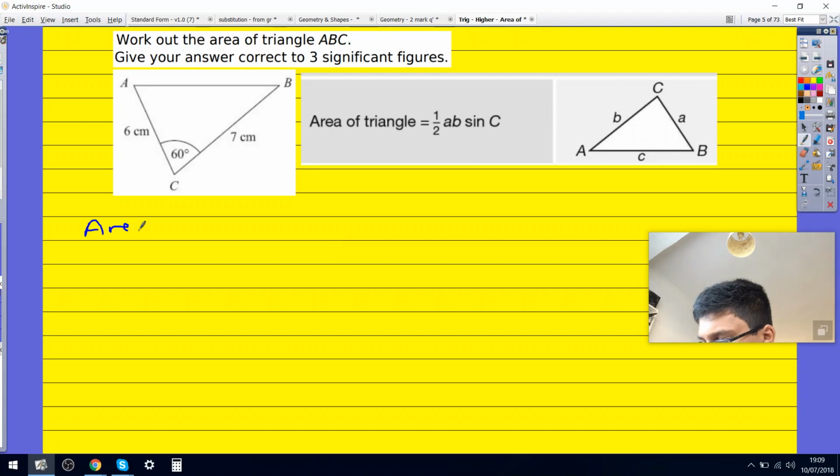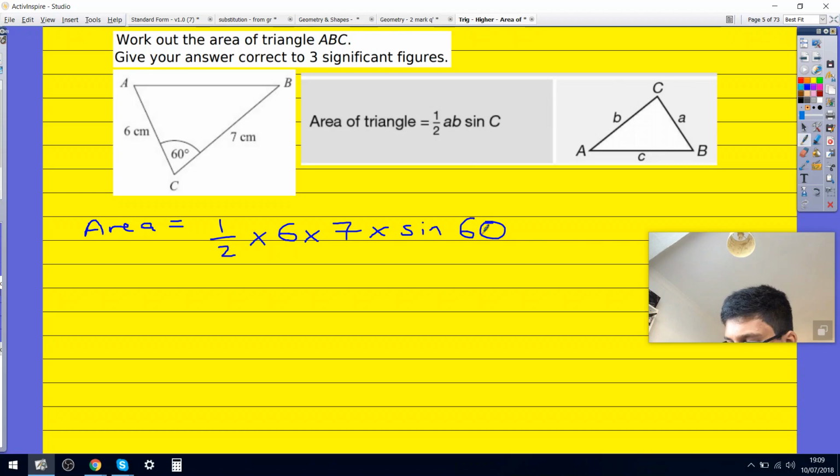Our angle is 60 there. So we have a half times 6 times 7 times sine 60.